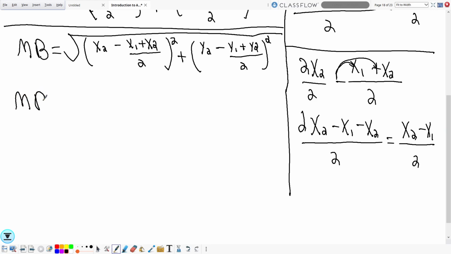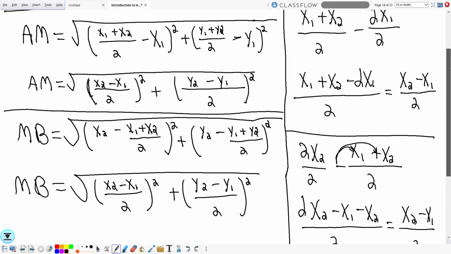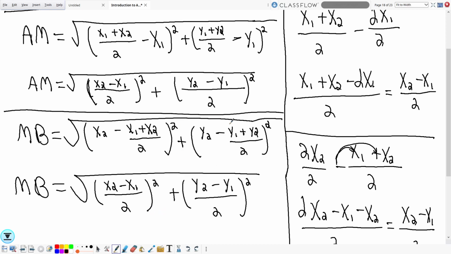So now we can redefine MB like this: the square root of x2 minus x1 over 2 squared plus y2 minus y1 over 2 squared. Okay, now let's compare our formulas for distance for MB and AM. Well, wouldn't you look at that?